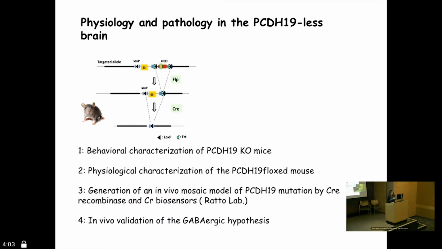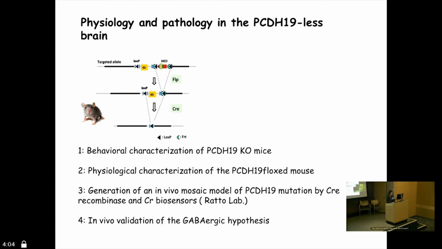But we are also generating conditional knockout mice. At the moment, we don't have preliminary results about the phenotype, but what we want to do is the following. First, we want to characterize the behavior of the protocadherin 19 mice, and also the physiological role of the protein in the conditional knockout mice.